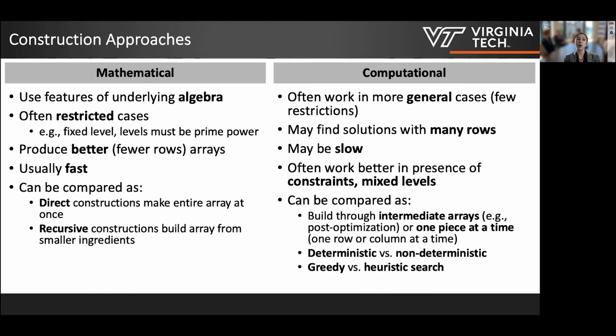Or they work one piece at a time. So they either build an array one row at a time, or they build an array one column at a time. Some are deterministic methods that always produce the same result, and some are non-deterministic methods. Some are greedy, and some use heuristic search.